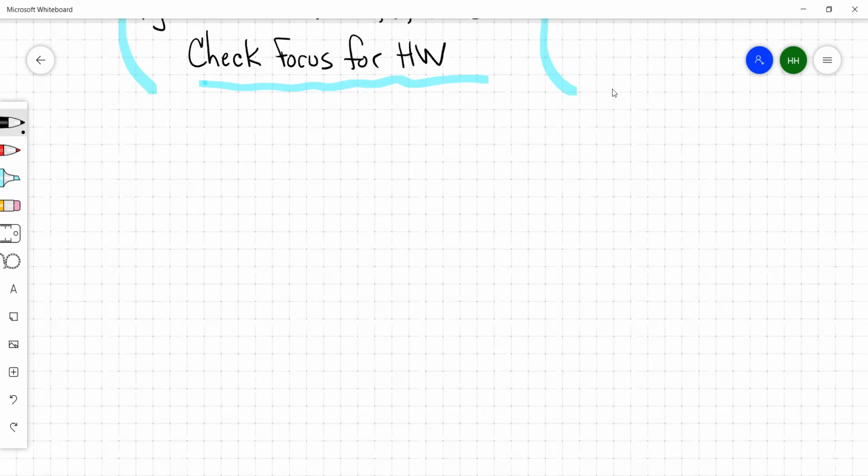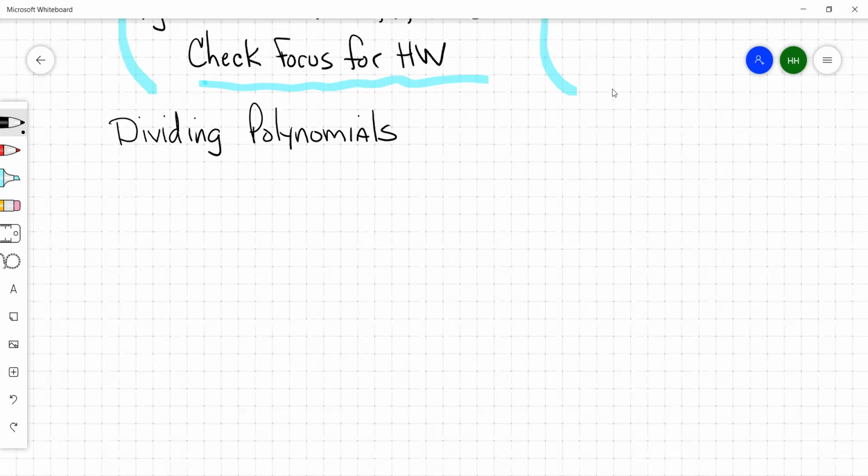And today we are going to be dividing polynomials. We'll be doing polynomial long division today, and then tomorrow we'll do synthetic division, and then our usual study guide and quiz.